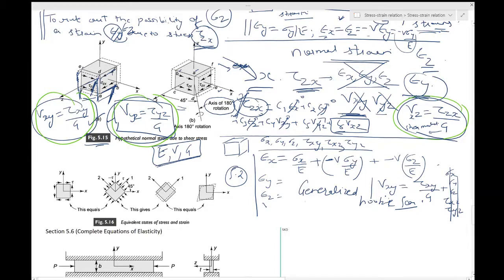So you have, say, sigma x, tau xy, tau xz, tau yx, sigma y, tau yz, tau zx, tau zy and sigma z.